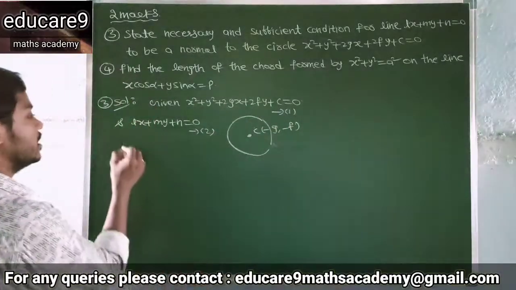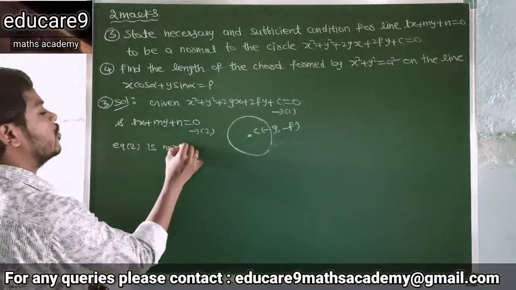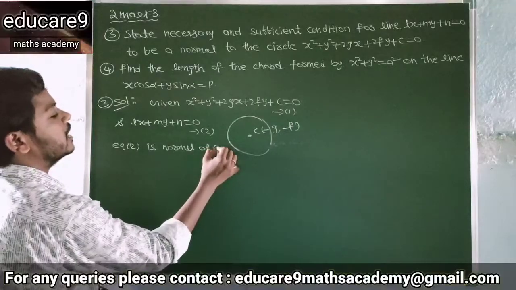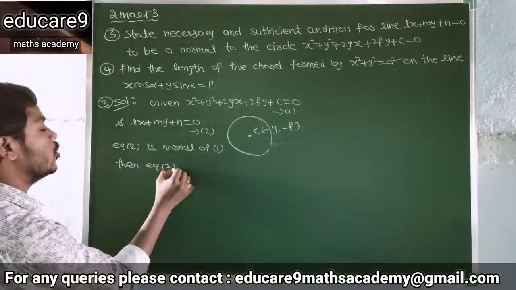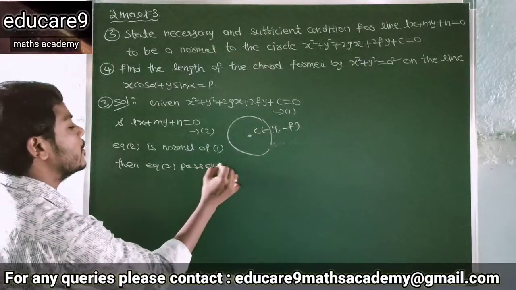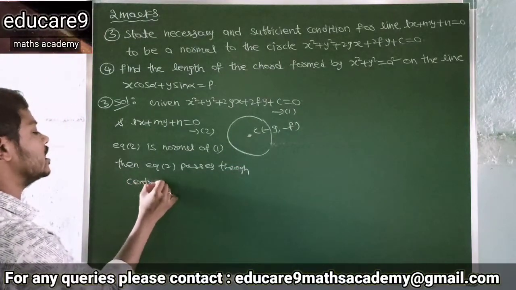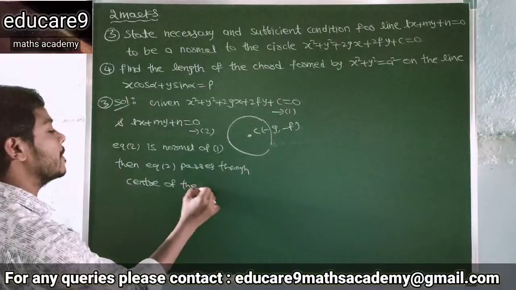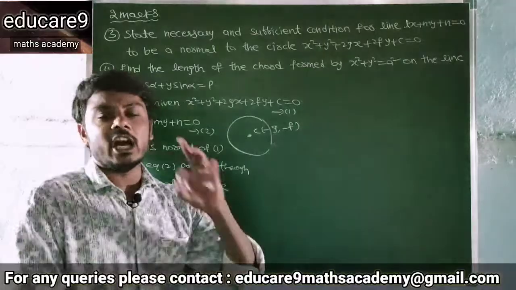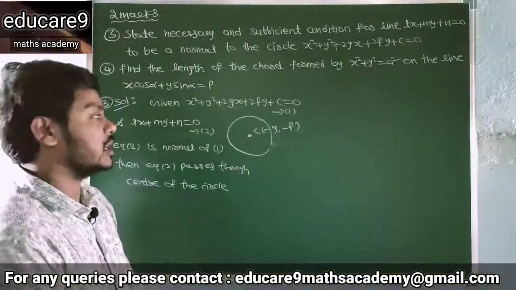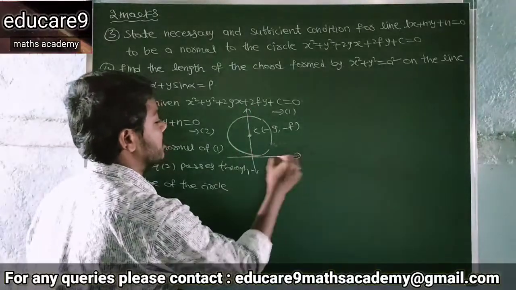So here, if equation 2 is a normal of circle 1, then equation 2 passes through the center of the circle. Because every normal line passes through the center of the circle. So this is the normal line, suppose this is the tangent line.